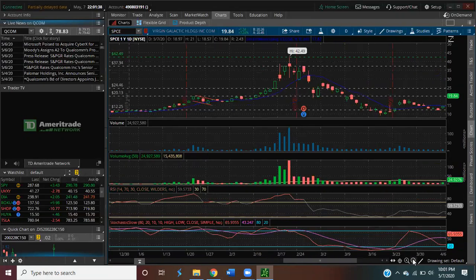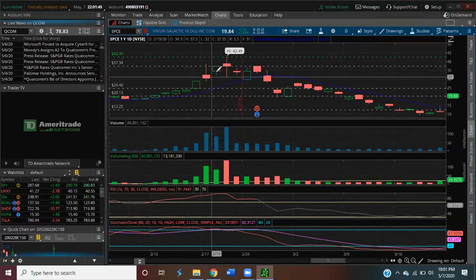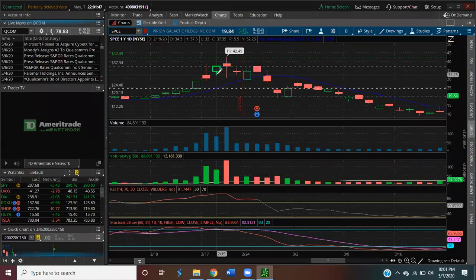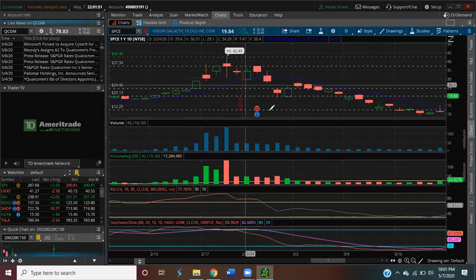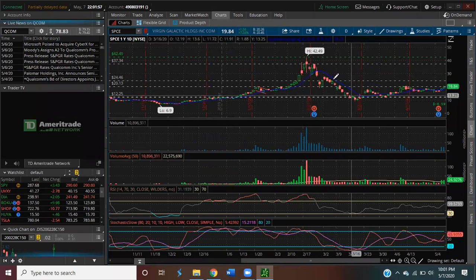Yeah. And you can see what it did after that with all that volume. It pushed all the way up to 42 within 3 days. Yeah. So yeah, with Space coming down this much right here, I can see a little pattern trying to form.